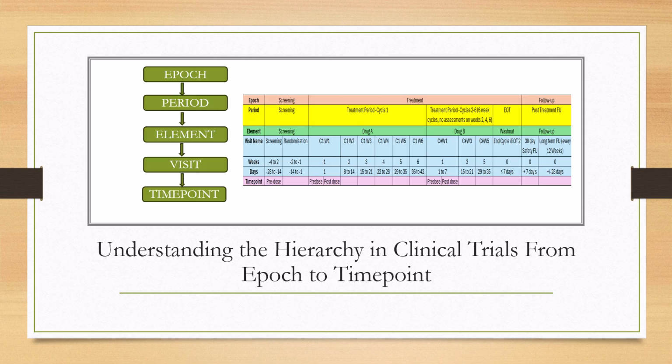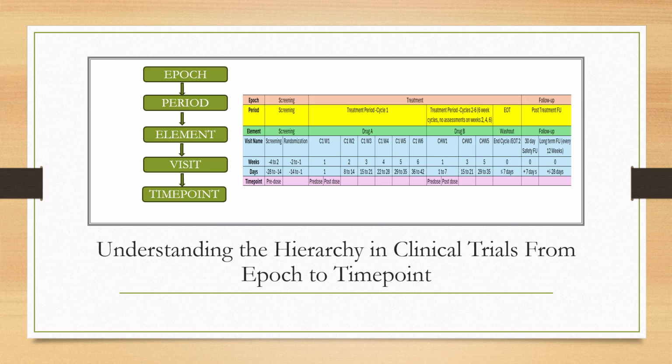Now talking about how we can see what the periods are with the understanding of the element. So from the element screening, we can easily say, as the name suggests, that this period can be categorized as the screening period. And drug A and drug B, we can mention as the treatment period for cycle 1 and treatment period for cycle 2 to 6.